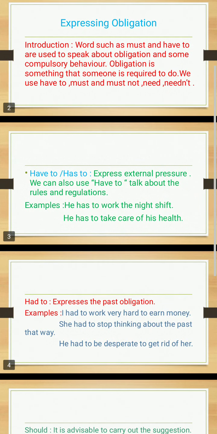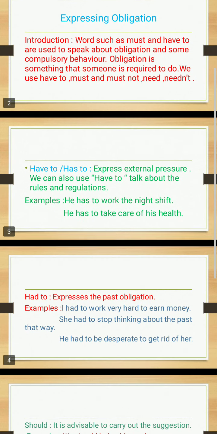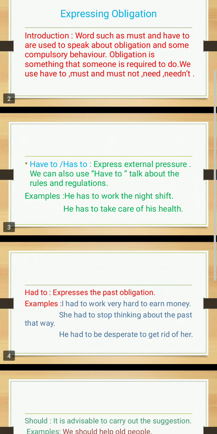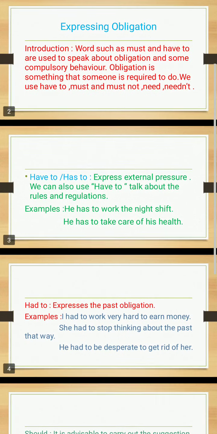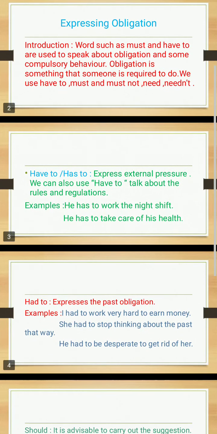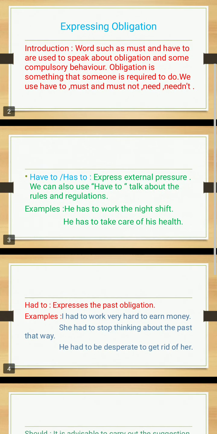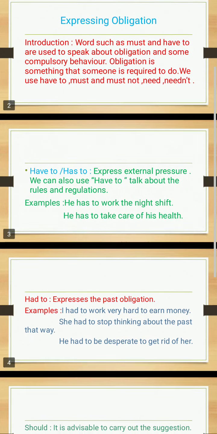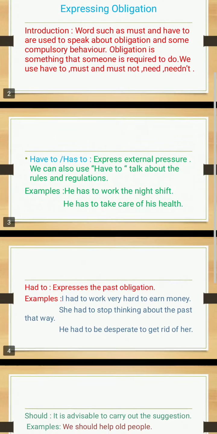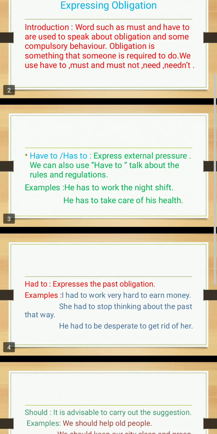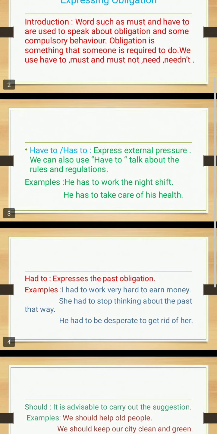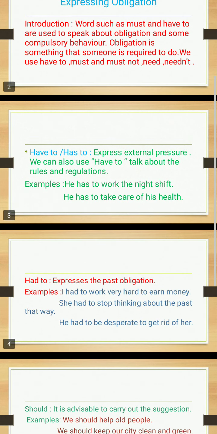Where you have to use has to and where you have to use have to, this is very important. Has to is used with third person singular he, she, it, and have to is used with other persons, I, we, you, they.